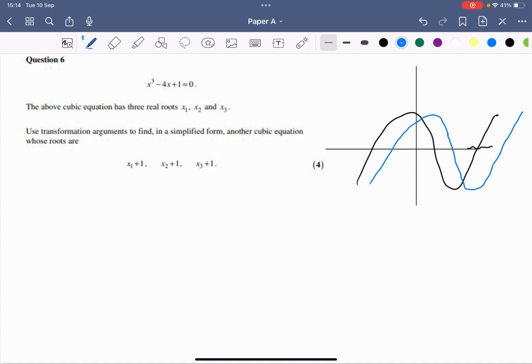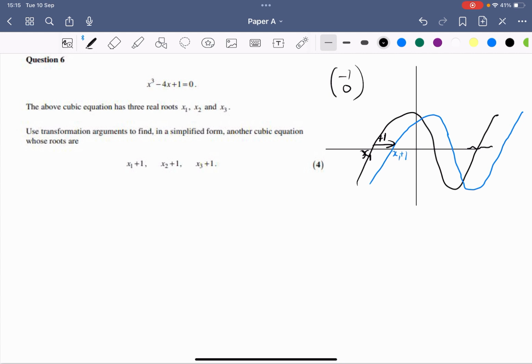So then if this is x1, this is x1 plus 1. And if this is the case, then we've gone to the right by 1, right? So that means we've done a transformation of minus 1, 0.